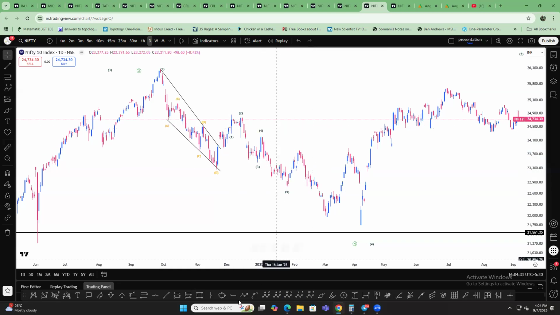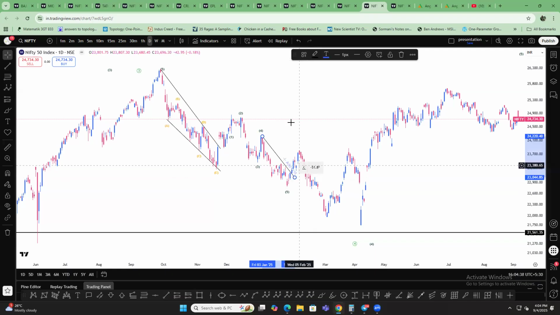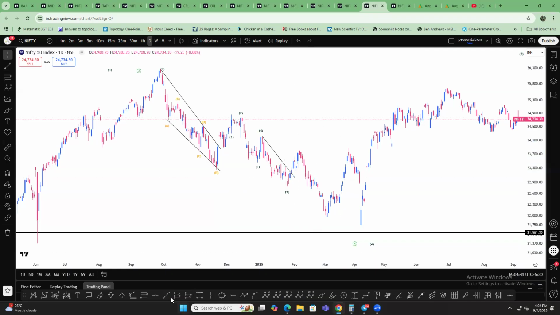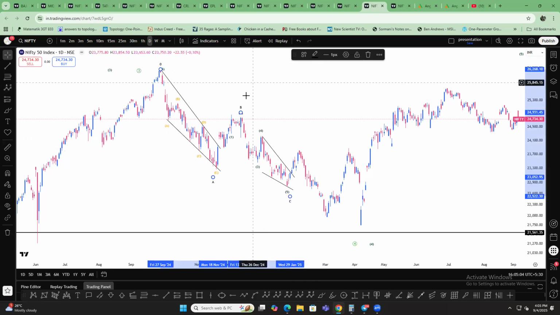And again, ending diagonal in wave 5, or in diagonal structure, 5 and price bounced. So this is A, B, and C. That is the first leg of correction. So we mark it as A, B, and C. Okay.